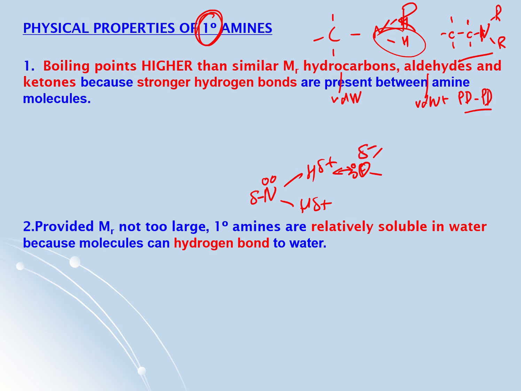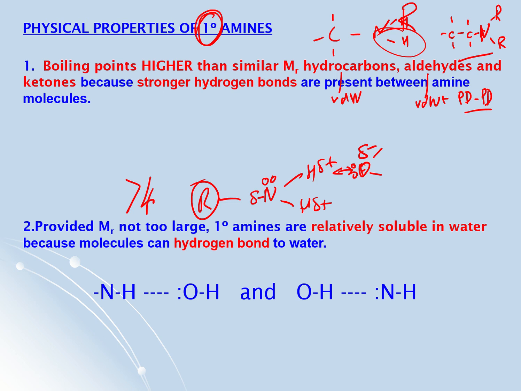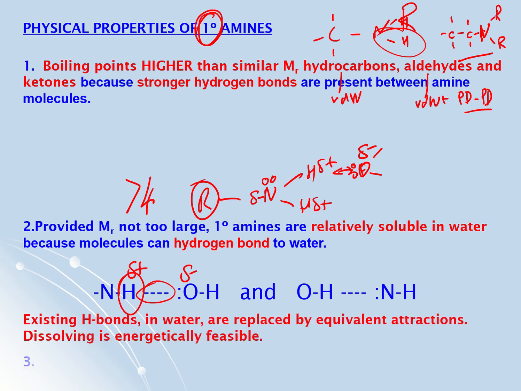Once the carbon chain, you all know this, once the carbon chain here goes greater than about 4 carbons, then solubility falls away. Okay, so that's just the diagram showing the delta positive NH, and the delta negative oxygen forming that hydrogen bond. Okay. And they have a very characteristic fishy smell.